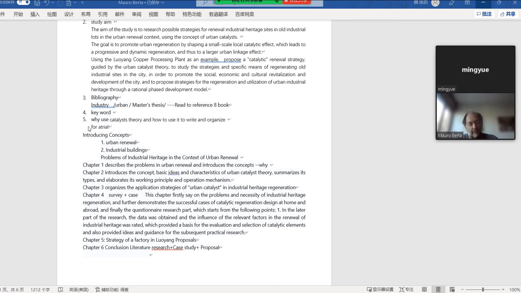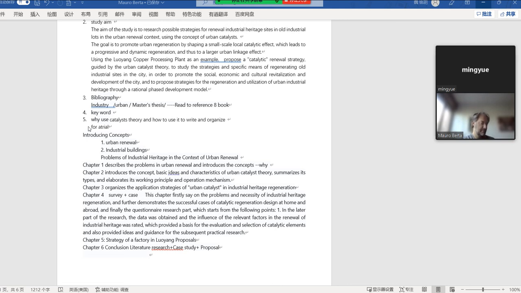And also because I want to study the catalyst, in this concept there are many elements and factors that will influence this, because catalytic comes from chemical studies.